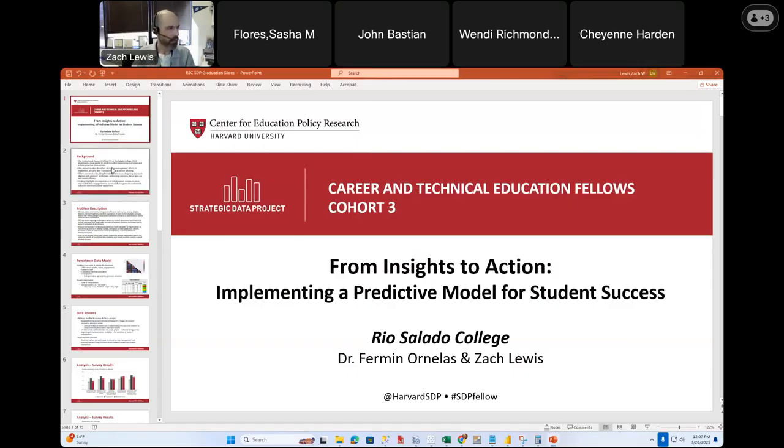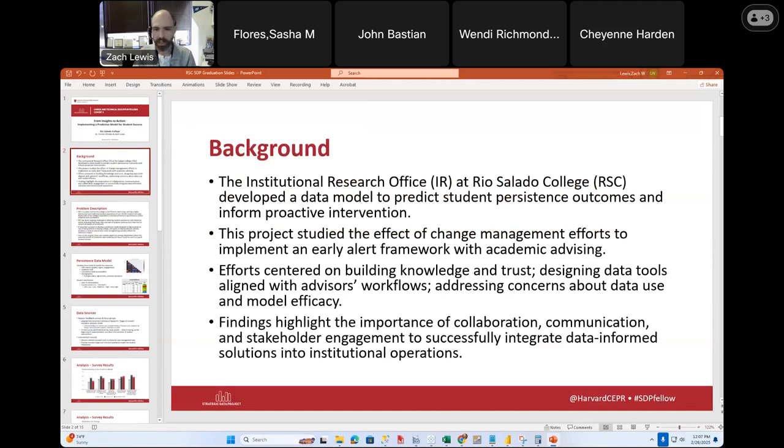To give you a little bit of background on this, we've been hard at work for a few years now in developing an internally developed predictive data model to help us understand students' likelihood of persisting from one term to the next.